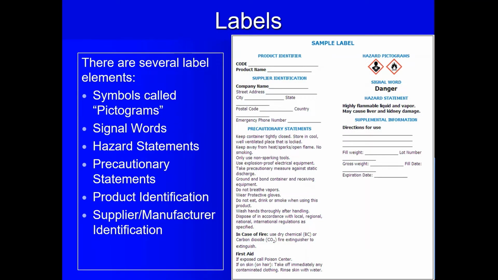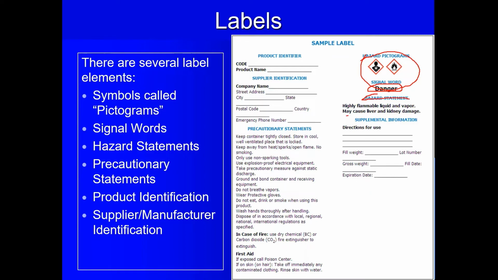Labels. There are several label elements. Symbols called pictograms, which are here. Signal words, which is here, danger. Hazard statement, here.